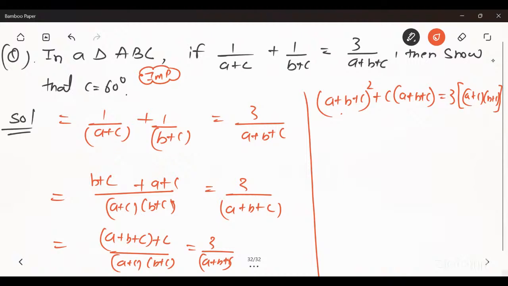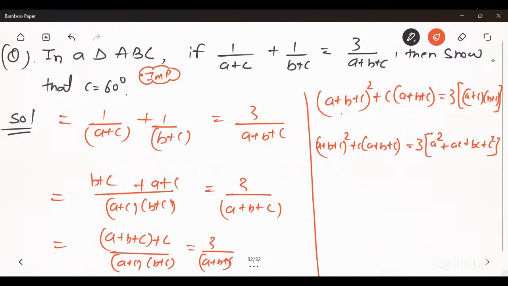So you will get A plus B plus C whole square plus C times of A plus B plus C is equal to 3 times of, if you multiply, A square plus AC plus BC plus C square.